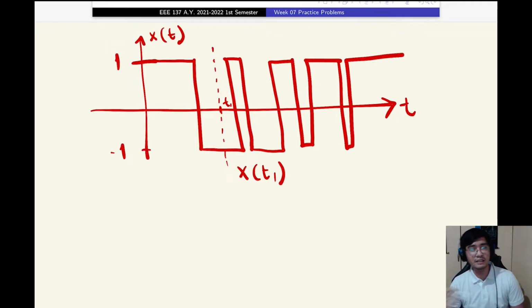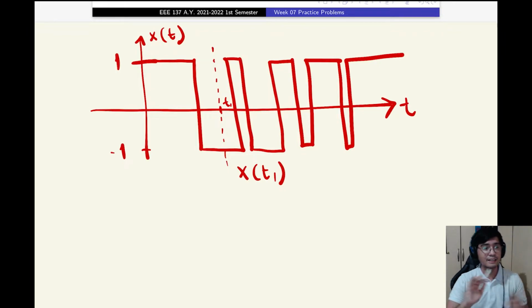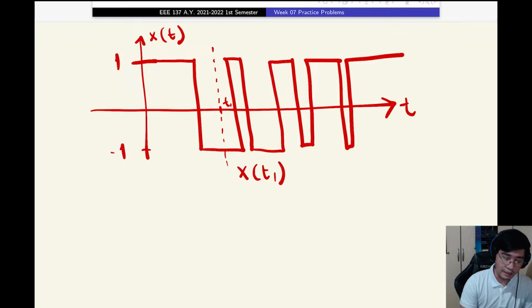Okay, since the Poisson process has a constant arrival rate alpha, right? So we can just assume that x of t1 is the same across time. Okay, and we need to determine this x of t1. Okay, the probability mass function. Probability mass function because we only have discrete values here, positive 1 and negative 1. So we want to get the probability mass function of x of t1.